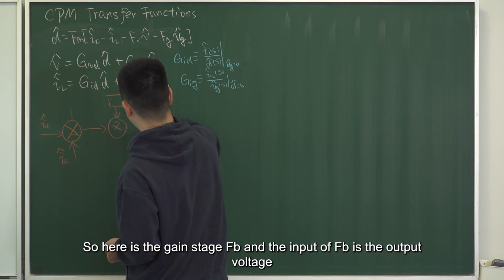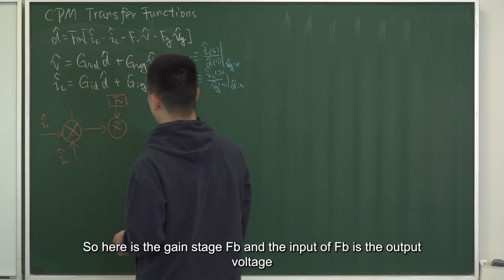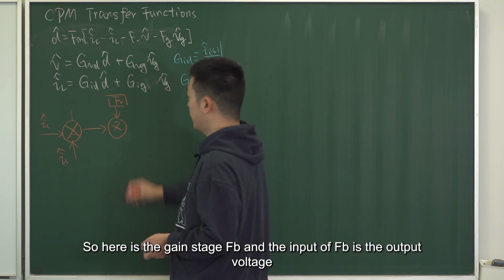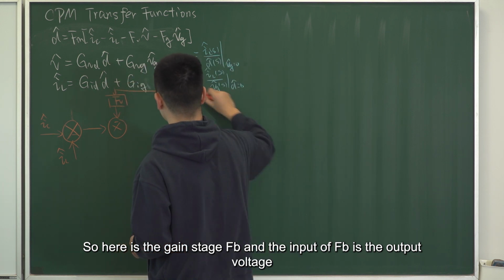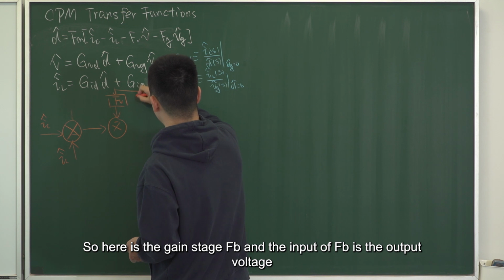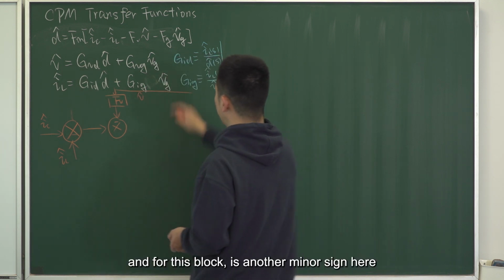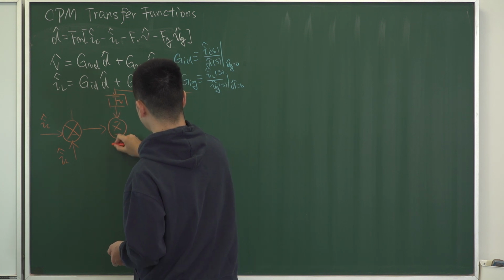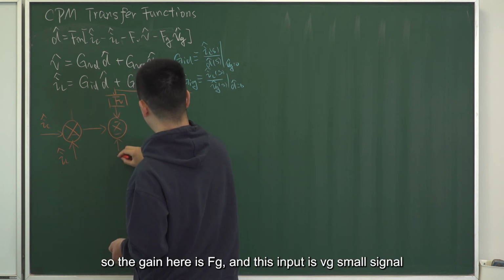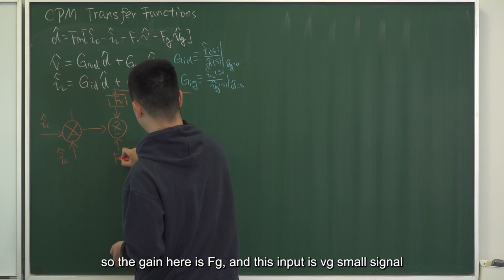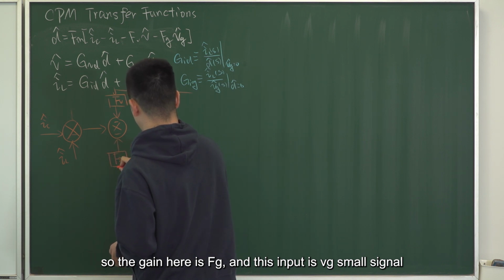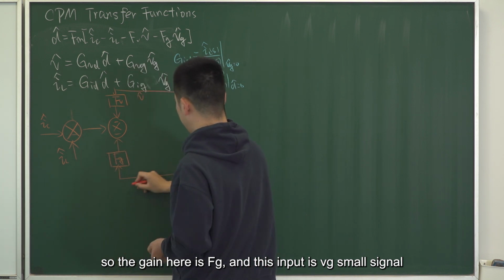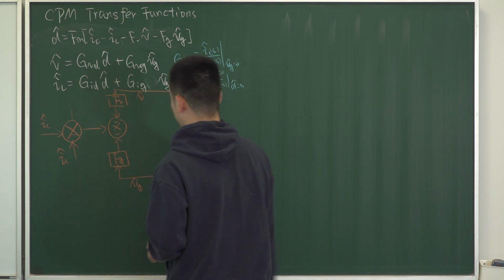Here is the gain stage FV, and the input of FV is the output voltage, right? And for this block, there is another minus sign. The gain here is Fg, and its input is Vg small signal.